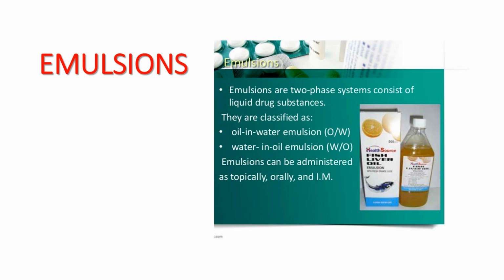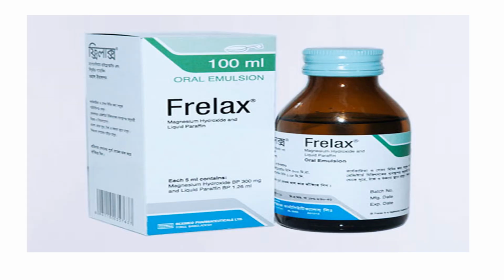Topically, there are a few oil kinds of emulsions that are needed for skin conditions, dry skin, etc. In this picture I have shown fish cod liver oil emulsion. This is another example of emulsion, where there is magnesium hydroxide and liquid paraffin, which is given as an antacid. Okay, emulsions.